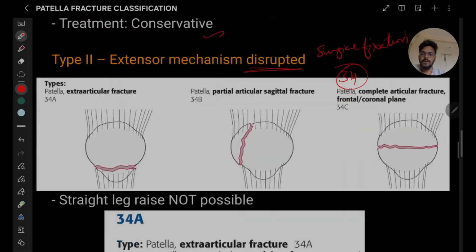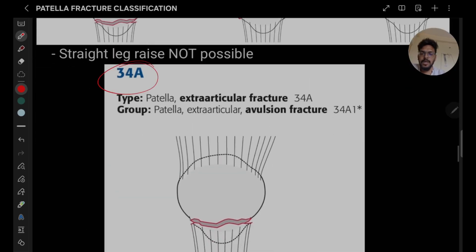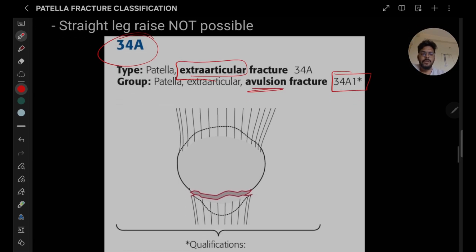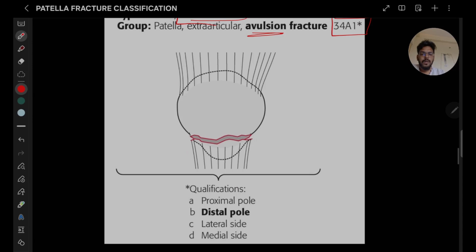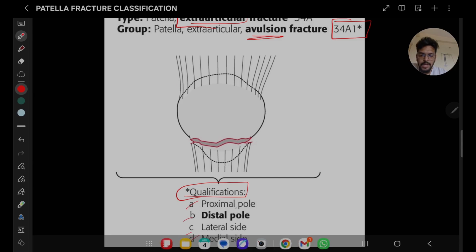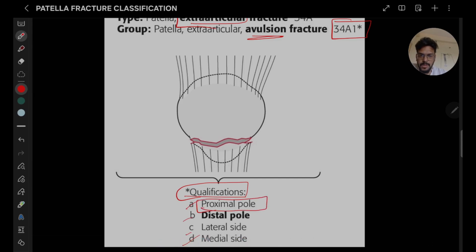So 34 is the patella bone. A is extra-articular fracture, and A1 is an avulsion fracture. An extra-articular avulsion fracture is A1. What type of avulsions? Again, there are qualifiers in A1, that is A, B, C and D. A is the proximal pole, towards the quadriceps tendon. B is the distal pole, towards the patellar ligament.